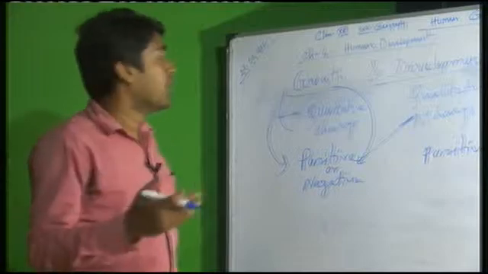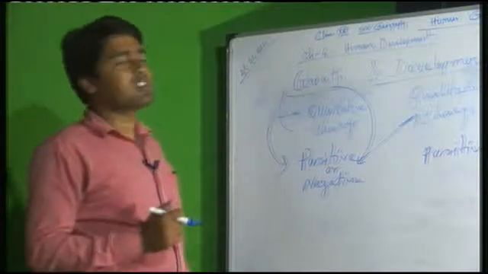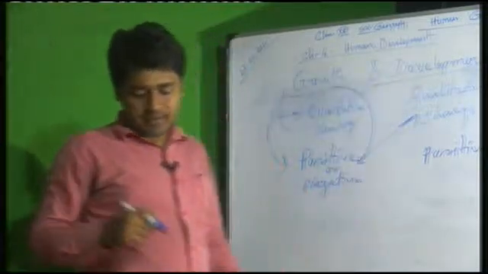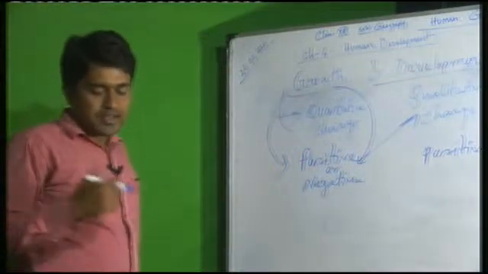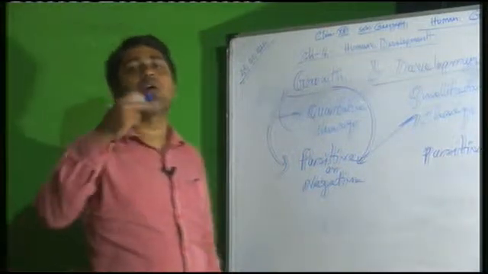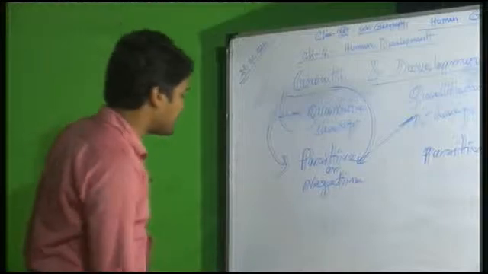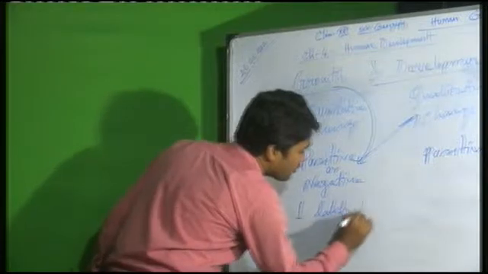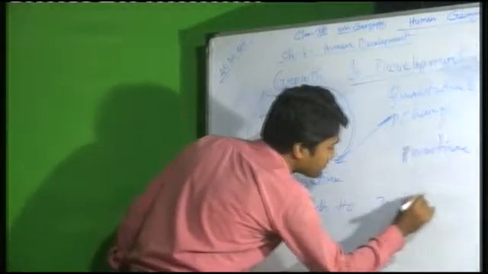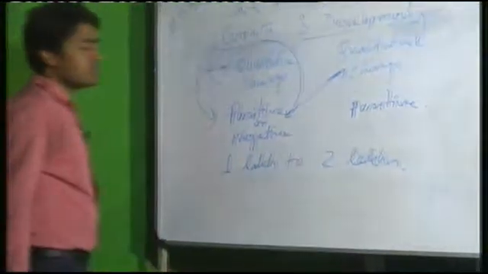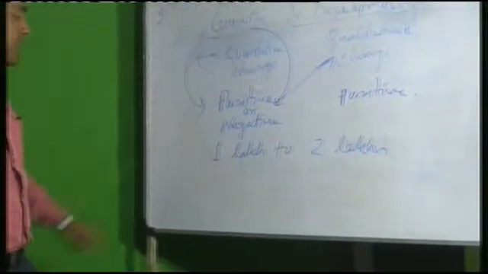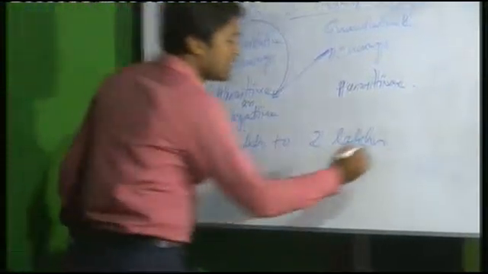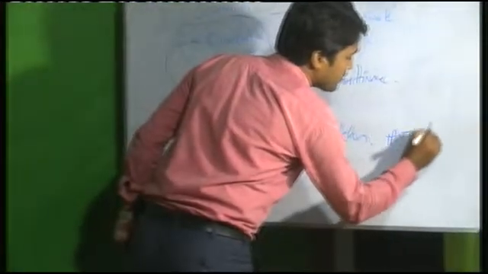Now if we see an example, you can understand these two terms. In your book there is also an example. See, if the population of a city grows from 1 lakh to 2 lakh, that means the number of population also changes. Obviously, it is related with growth.